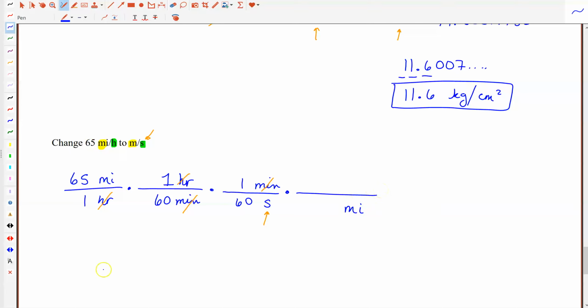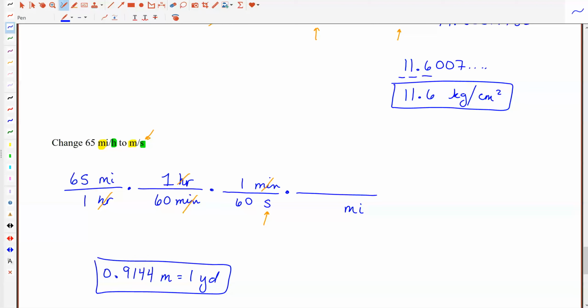But one of the factors, if you've been watching some of the other videos, that I happen to know for my length conversions between my US customary and my metric system is there's 0.9144 meters in 1 yard. Okay, that's the piece of information I'm working with. So how can I use that? Well, all right, so I'm going to have to get my miles in terms of yards, and then I'll be able to use this factor.